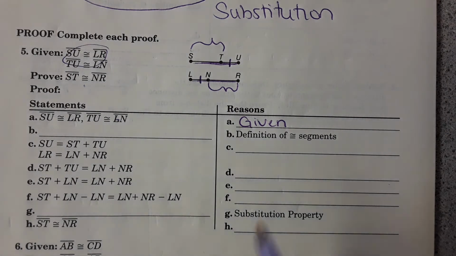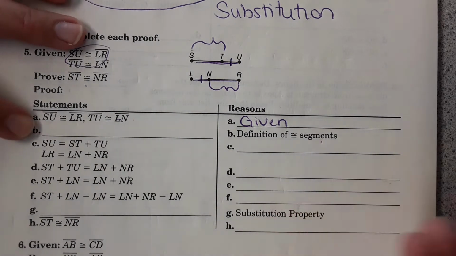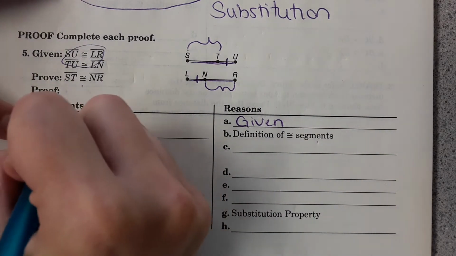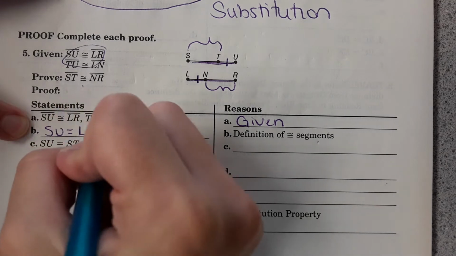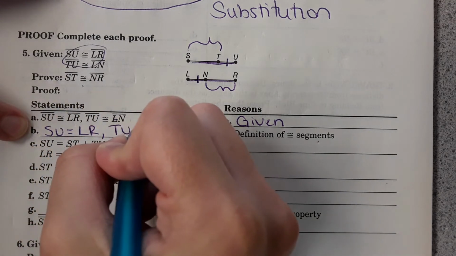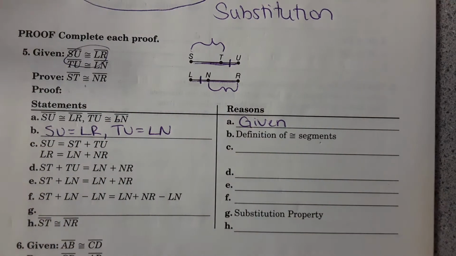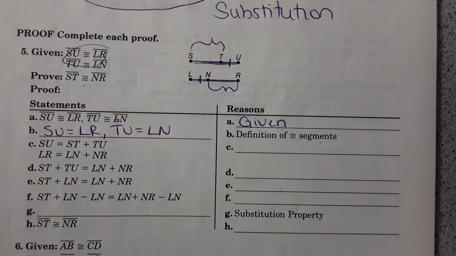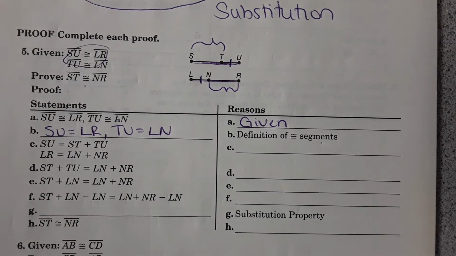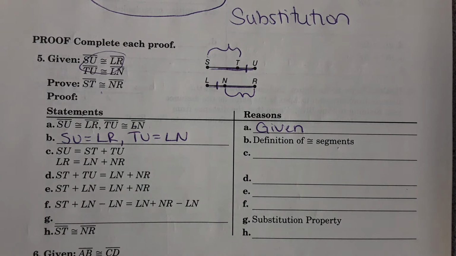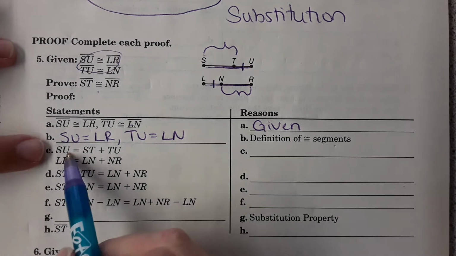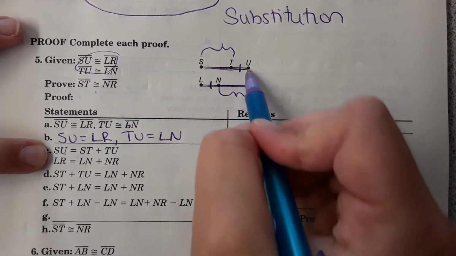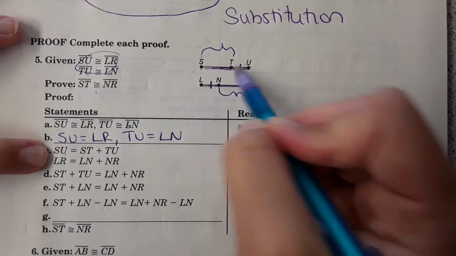Then from there, it says definition of congruent segments. So if they're congruent, then the length of SU is equal to LR, and the length of TU is equal to LN. Now, the next statement says SU is equal to ST plus TU.